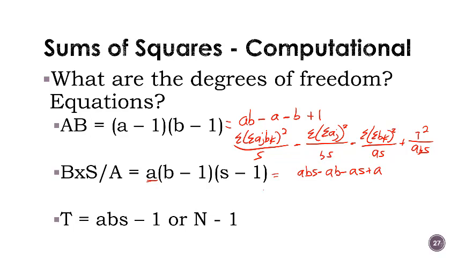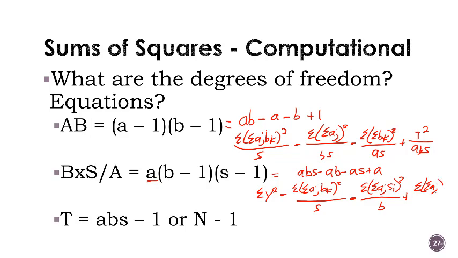So it's going to be the sum of y squared minus the same thing up here, the sum of A_jB_k squared over S, minus the sum of A_jS_i squared over B, plus the sum of A_j squared over BS.